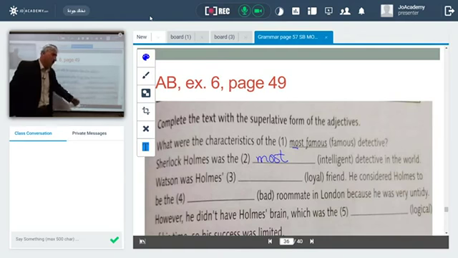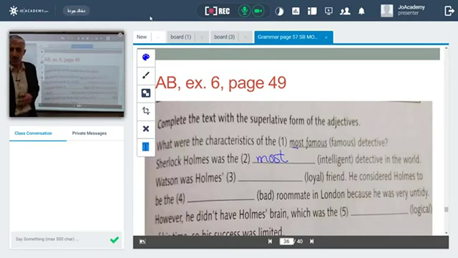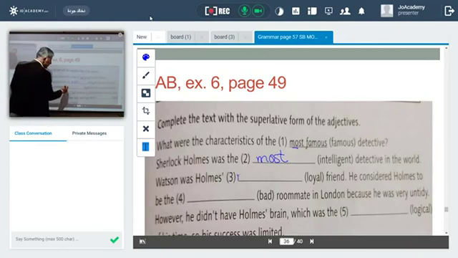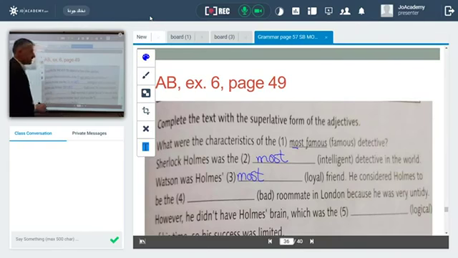Loyal, mukhlis, the most loyal. So what will we add here? We'll add: Watson was Holmes' most loyal friend. He was loyal to his friend.